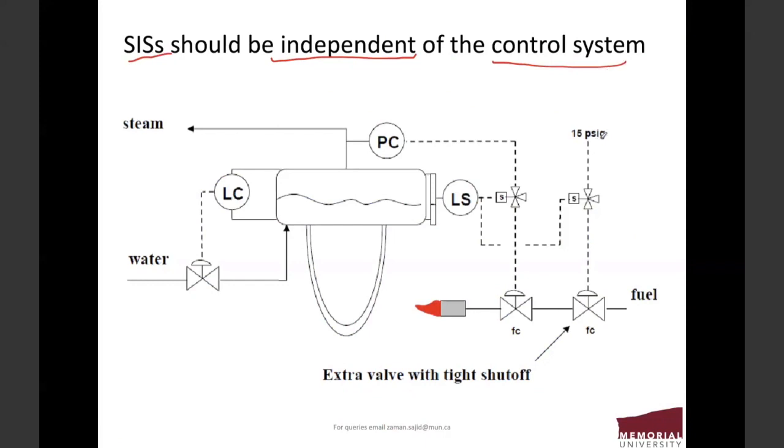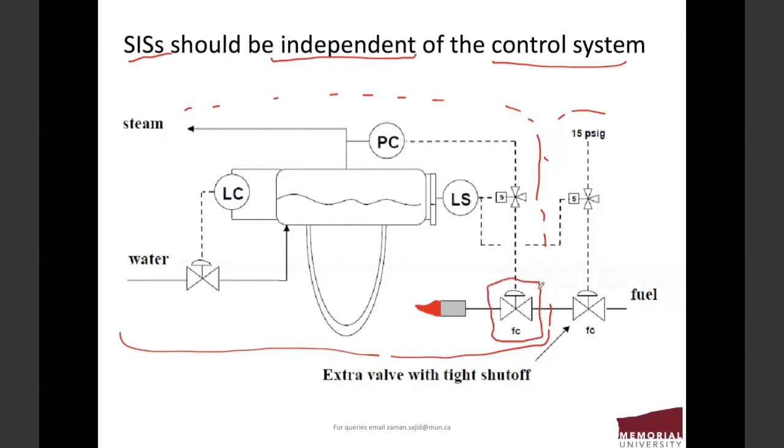For example, this is my system here. Let's forget about this one. I will come back to this point here. Again, we have the water going into our heating system, and we are getting the steam here. So all these controls are being measured. The fuel level is being measured through this control element.